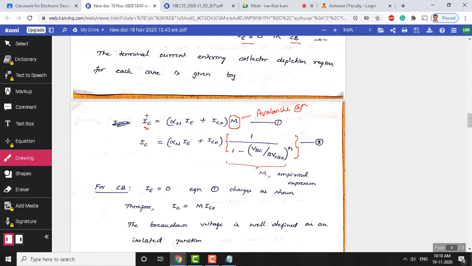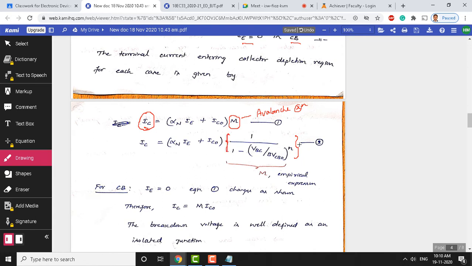So as I was telling, this is the collector current that is flowing in the collector-base junction, and it is given by this equation. Alpha N is the current transfer ratio in normal mode, IE is the emitter current, and ICO is the reverse saturation current. This is the expression that gets multiplied with the avalanche multiplication M. M is defined by this mathematical equation.